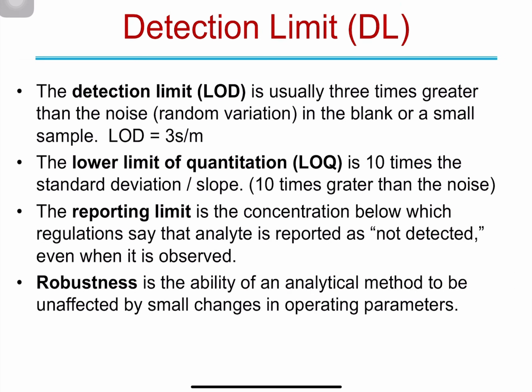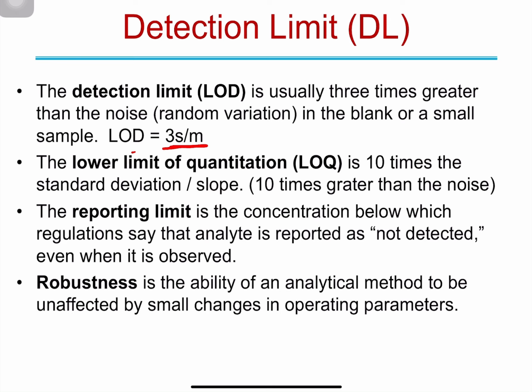The detection limit is usually 3 times greater than the noise, which is the random variation or random error that we usually find in any measurement, the noise in the blank. So the detection limit is 3S over m.